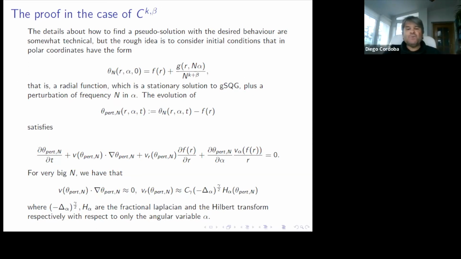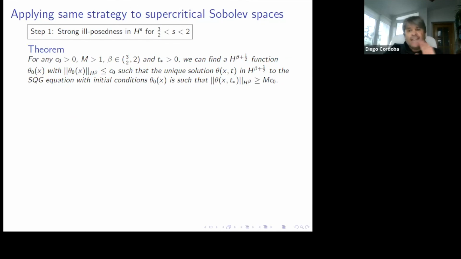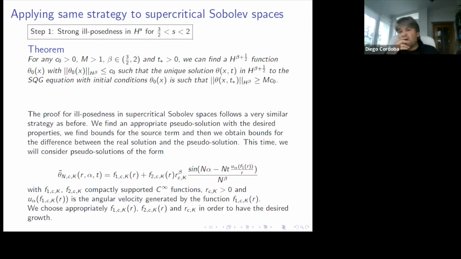And let me finish with a comment on Sobolev spaces. Sobolev spaces is a similar approach, but in order to prove non-existence, you're dealing with solutions that have very low regularity.